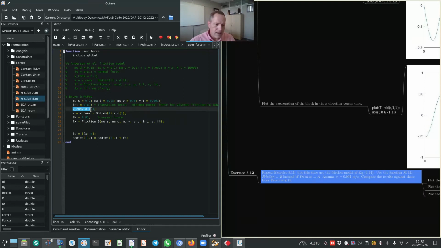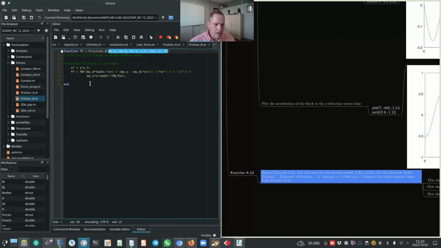Then as before, we specify the conveyor speed. We calculate the relative speed between the block and the conveyor as before. The normal force is 9.81 newtons, and then we call the function friction_B, and I can quickly show you what that function looks like.